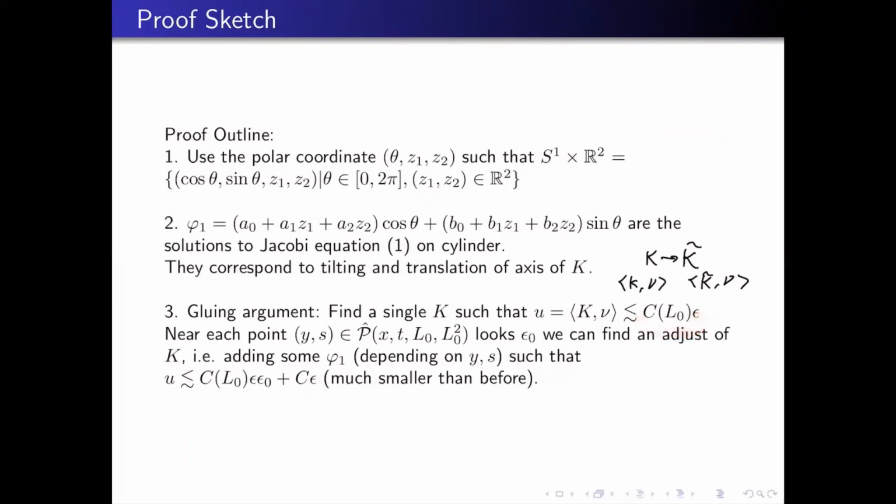However, we could have some good control after adjusting u by some phi1, that is, near any point in this parabolic neighborhood, we could adjust k slightly, or adjust u slightly by phi1, such that u is much smaller.